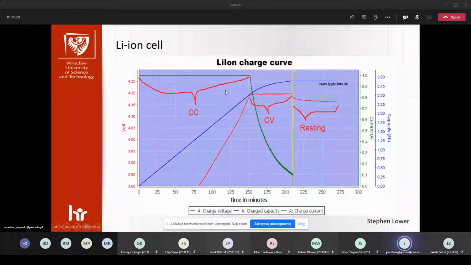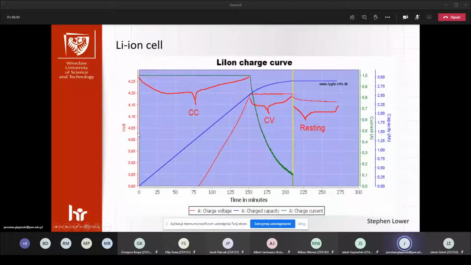So when we achieve the voltage, for this example 4.2 volts, we switch to constant voltage charging. So we've got two processes: constant current and constant voltage.